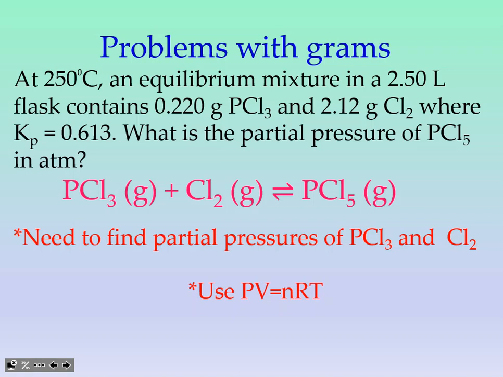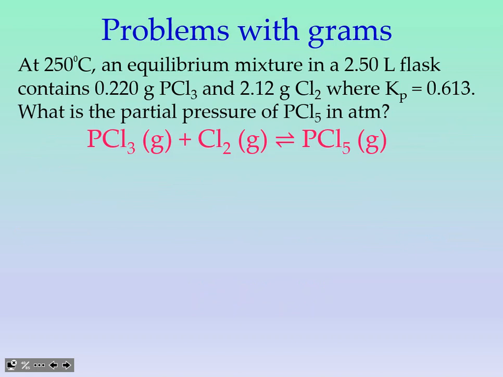It pops up here. I didn't see that on the slide in our equilibrium problems. Because if we find the partial pressures of PCl3 and Cl2, we can use the Kp expression and find the partial pressure of the third. So here is one where we would need to use the ideal gas law.